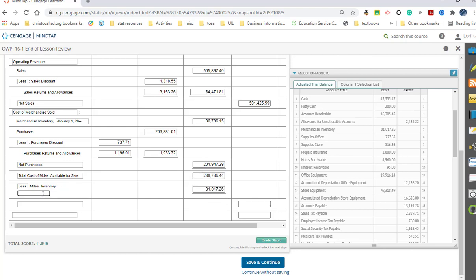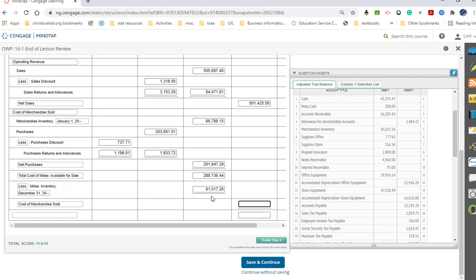So we said that we're subtracting that. And it's our merchandise available on December 31st, 20--, so available at the end of the year. And so at the end, that's our cost of merchandise sold.